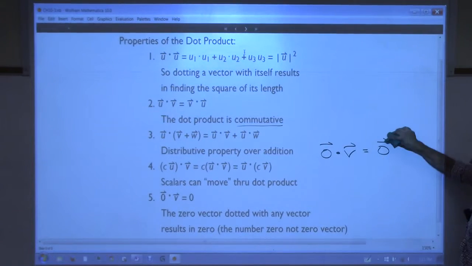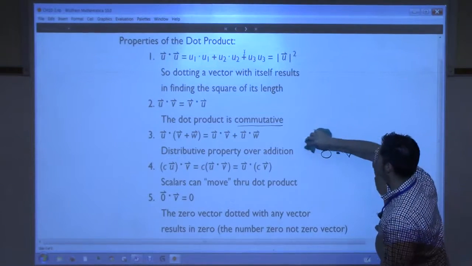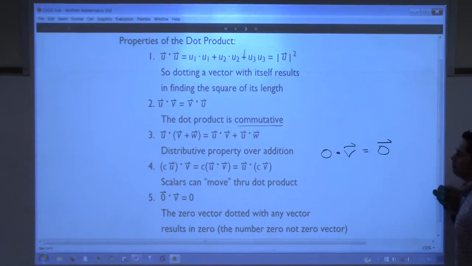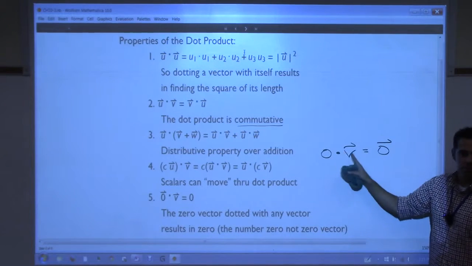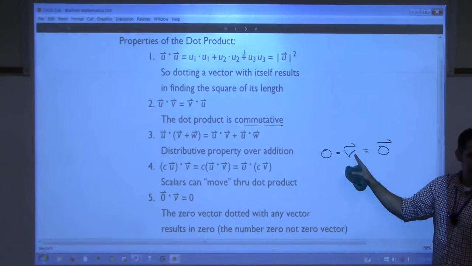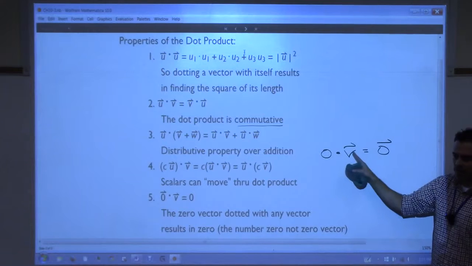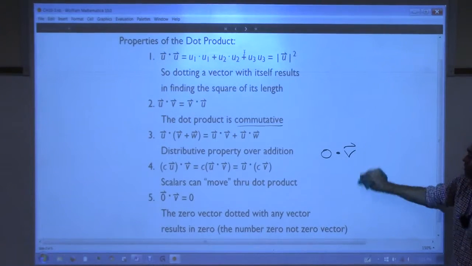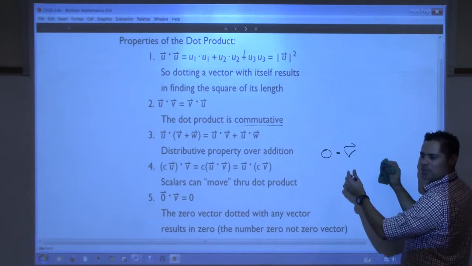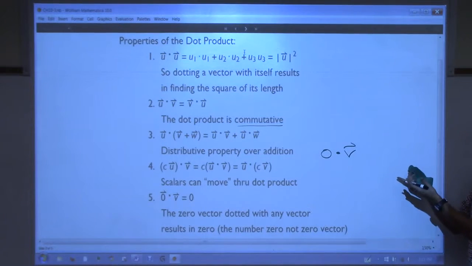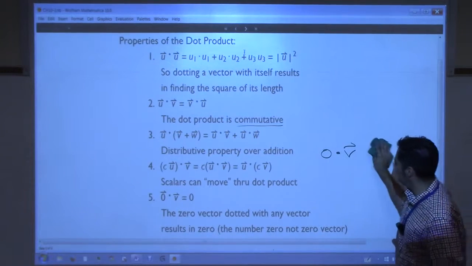So that is correct. Would this be correct? No, because you can't dot a scalar with a vector. That's a scalar, so that wouldn't make any sense. Your homework, they're going to ask you these things. They're going to give you different symbol representations and ask you, does this make any sense at all? Could you compute this? And you have to know when you can and can't.